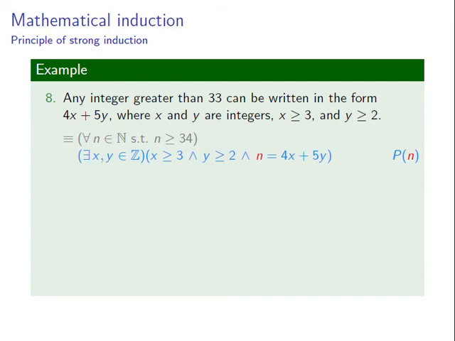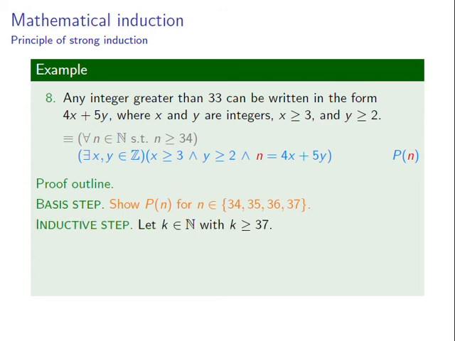Let P of n be the predicate: there exist integers x and y such that x is greater than or equal to 3, y is greater than or equal to 2, and n is equal to 4x plus 5y. For the basis step, we will show that P of n is true for n equal to 34, 35, 36, and 37. For the inductive step, we let k be an arbitrary natural number greater than or equal to 37.